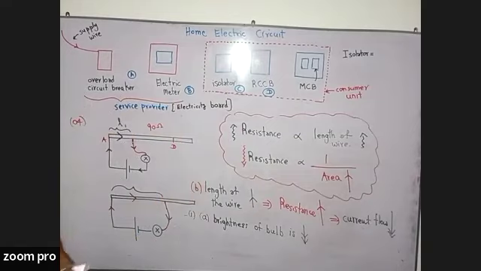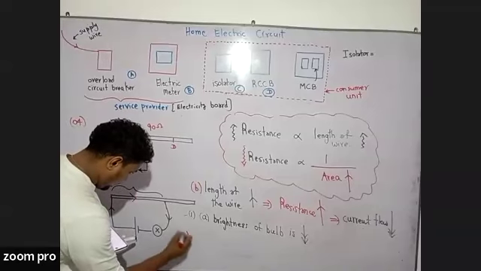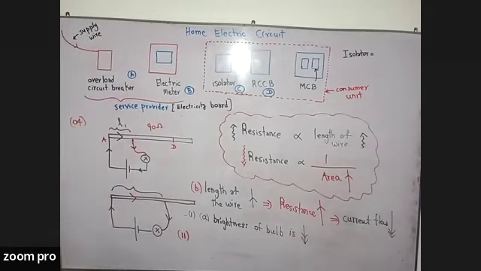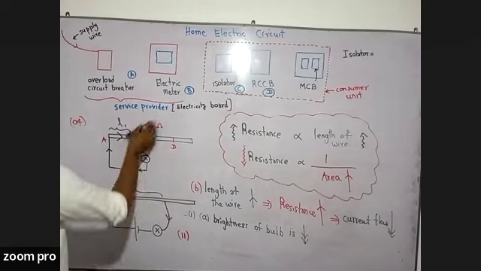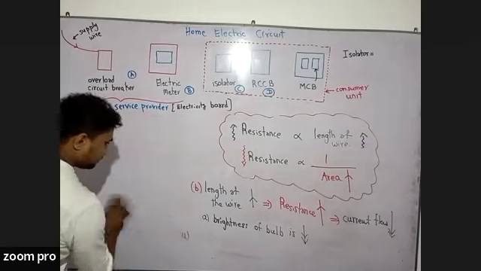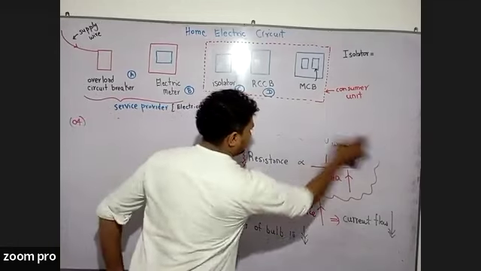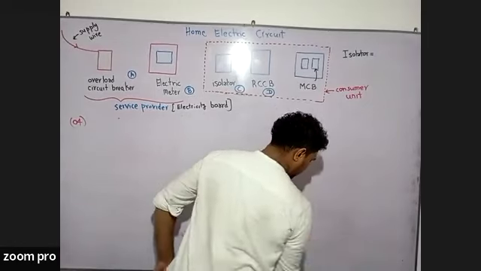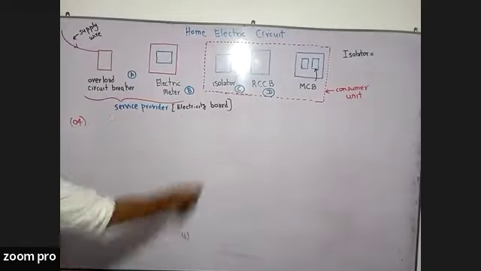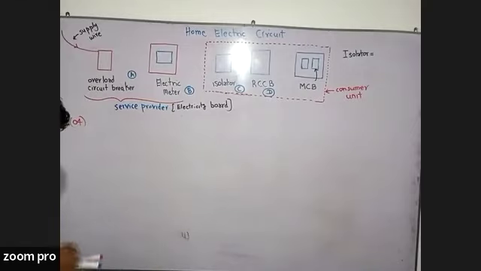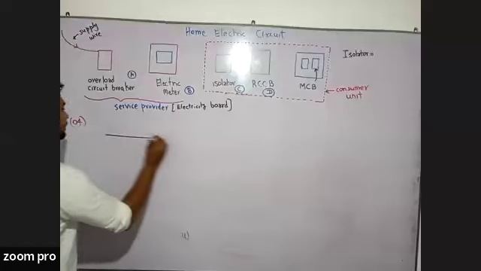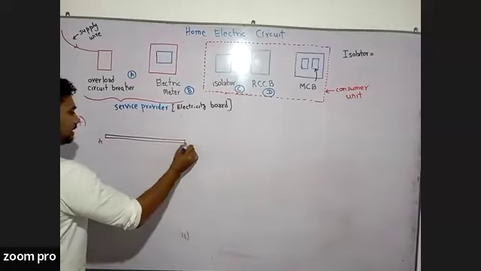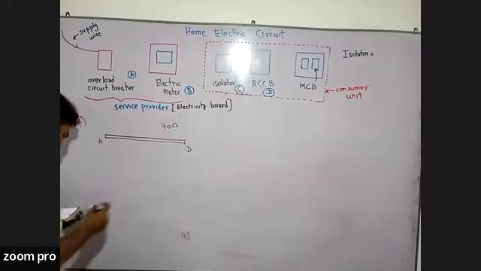Okay, let's move on to the second part of this question. The conducting wire AD. So I will erase this. Right, this one is also a good question. Previously we had a wire labeled AD, and this wire has a 90 ohm resistance.